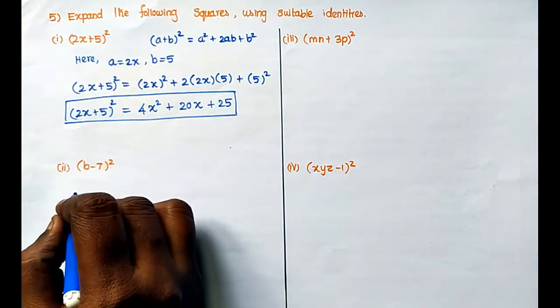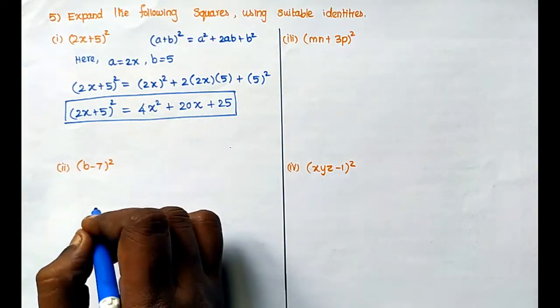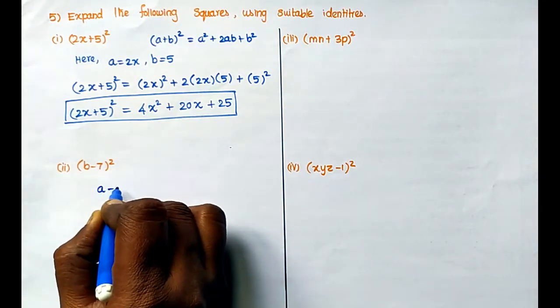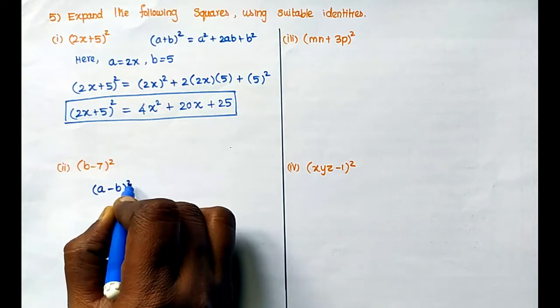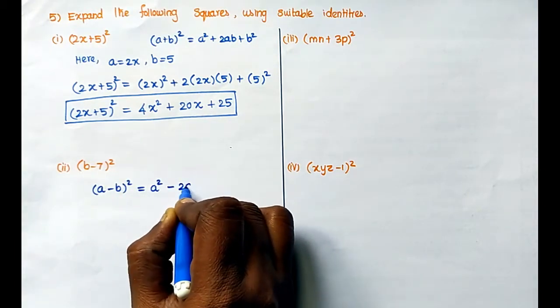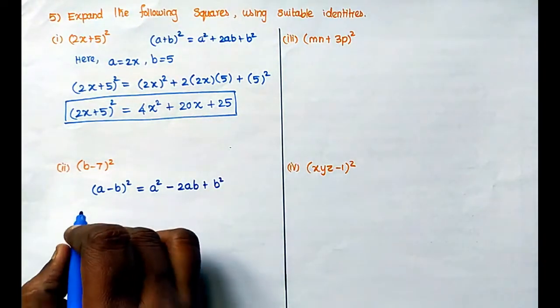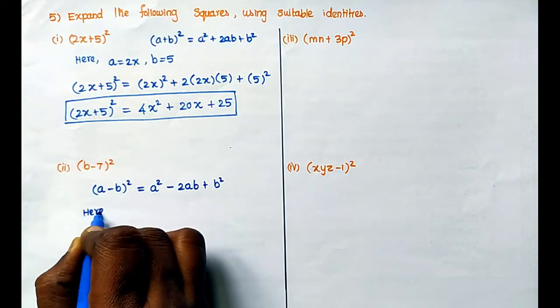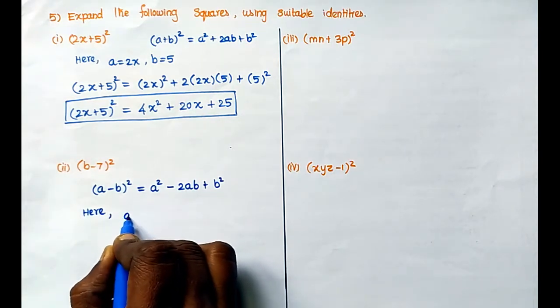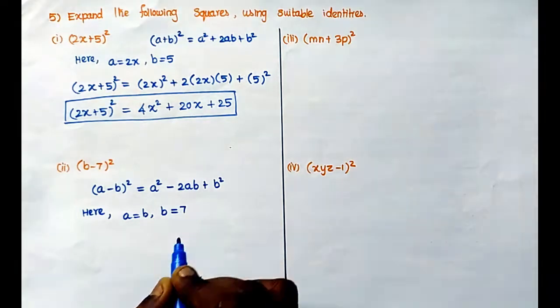Next one, (b - 7) whole squared. Which formula is this? (a - b) whole squared equal to a squared minus 2ab plus b squared. Here a equal to b and b equal to 7.